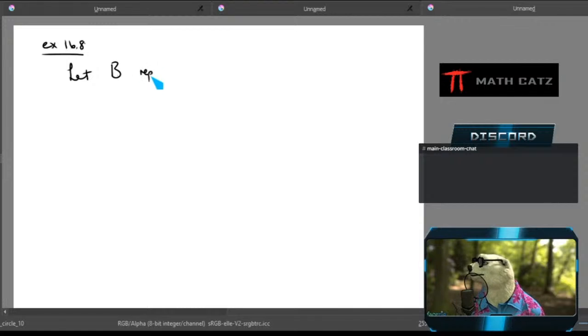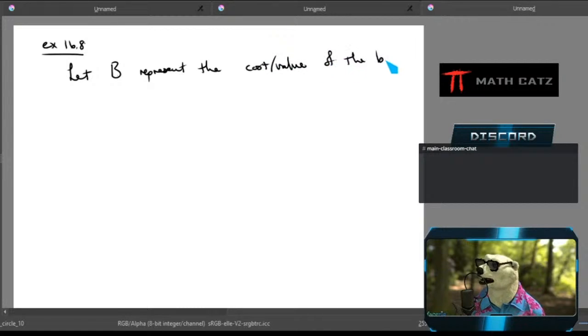No, it represents the cost of the bottle, the value of the bottle, whatever. Then I have the value of the wine inside, and they say the wine was worth $9 more than the bottle.